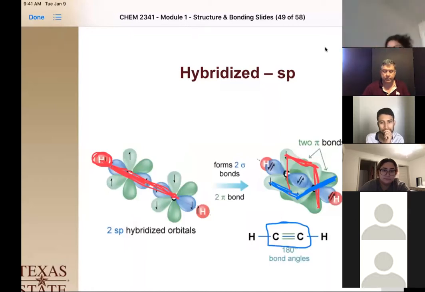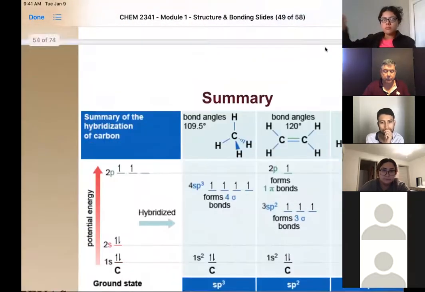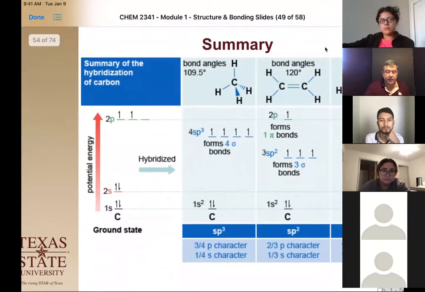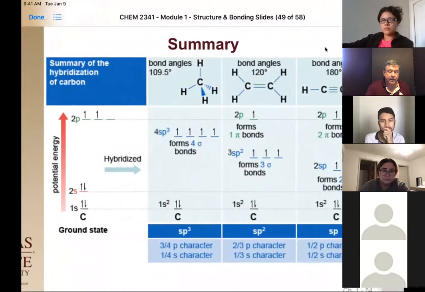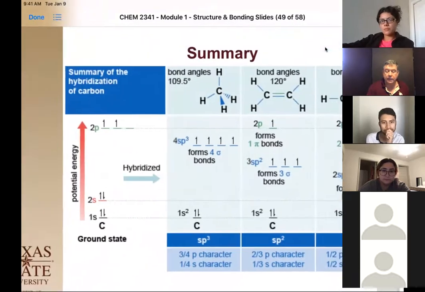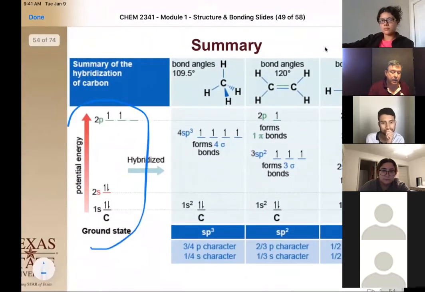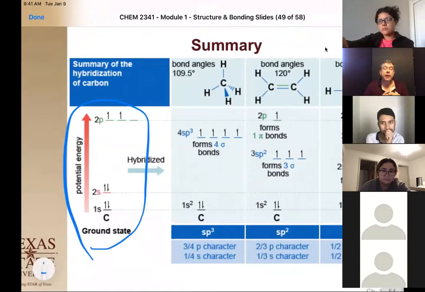Okay. All right, so that being said, the summary here is the idea that if we did not hybridize our carbon atom, it would not give us a tetrahedral structure. It would give us some weird T-shaped structure, okay? So it can't be just overlapping in the p's, in these two p's here. It has to be something else. And when we see four things bonded to carbon, we see it in that tetrahedral structure.